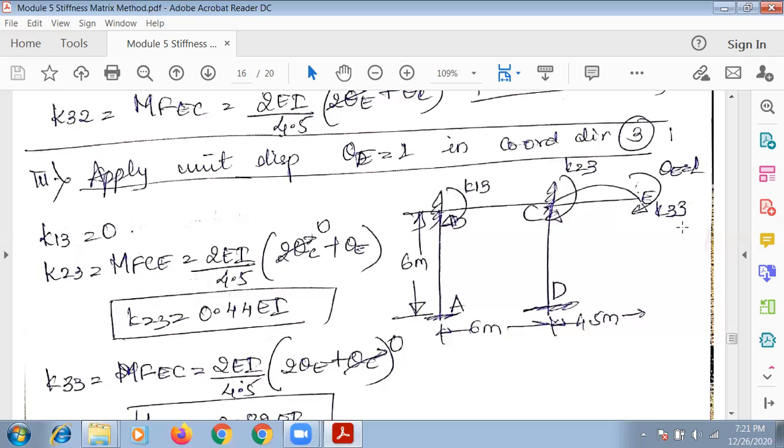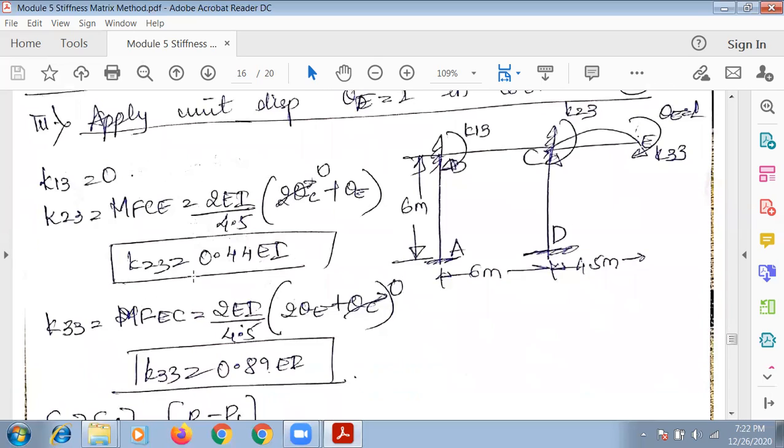Once you mark this, next is K13. Here nothing is getting deflected in this portion of the beam, so K13 is equal to 0. Next K23, which is equal to MFCE. MFCE is equal to 2EI by L, then 2 times theta C plus theta E. Theta C is 0 because it's a fixed support.